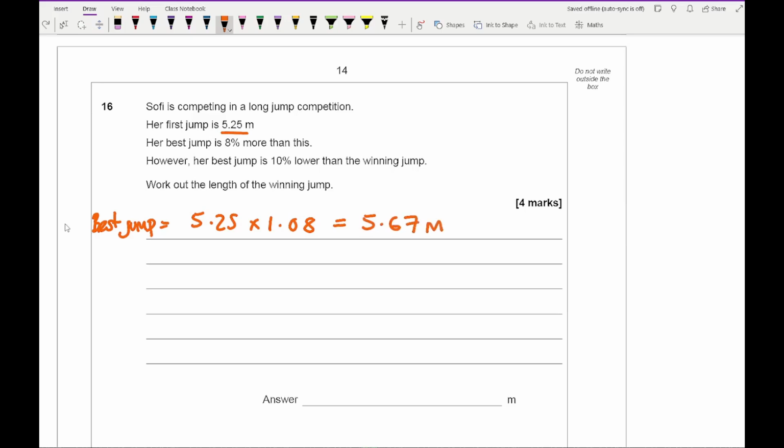Now in terms of the winning jump, well, her best jump was 10% lower than the winning jump. So what we then need to do is 5.67 divided by 0.9, because it's a 10% decrease, and typing that into my calculator, I get an answer of 6.3 meters.